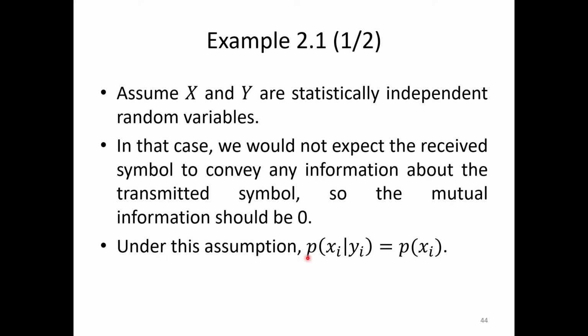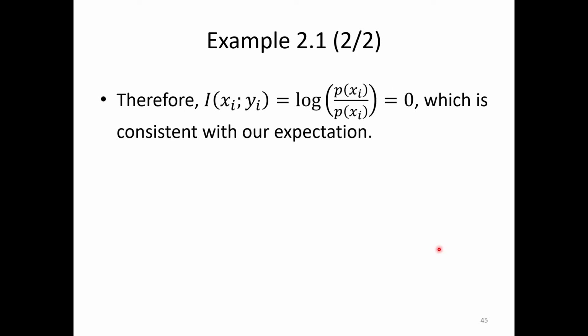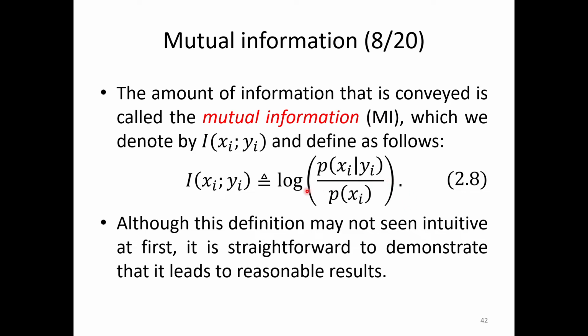Under this assumption, P(x_i given y_i) is equal to P(x_i). Therefore, I(x_i; y_i), the mutual information of x_i and y_i, is equal to log P(x_i) over P(x_i). Because according to the definition of mutual information, the numerator in the log term is P(x_i given y_i), and the denominator is P(x_i).